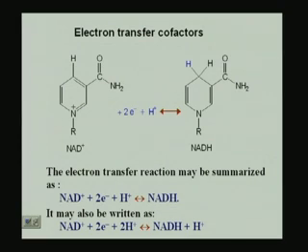We have looked at two of these already. NAD plus going to NADH, where we have an electron transfer reaction that can be written as NAD plus, 2 electrons, plus a proton going to NADH, or alternatively as NAD plus, 2 electrons, plus 2 protons going to NADH plus H plus.